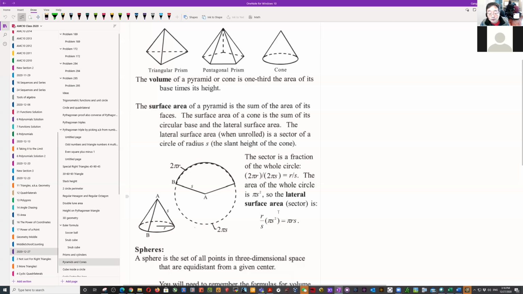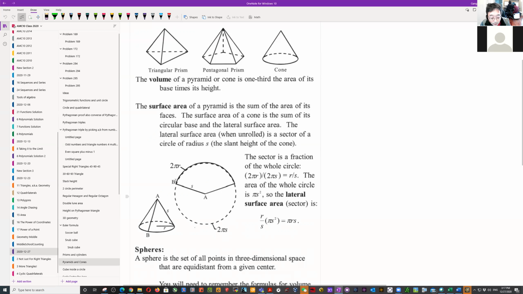This is fairly easy to imagine, because we are just calculating the sector area of a circle with the slant height as the radius.